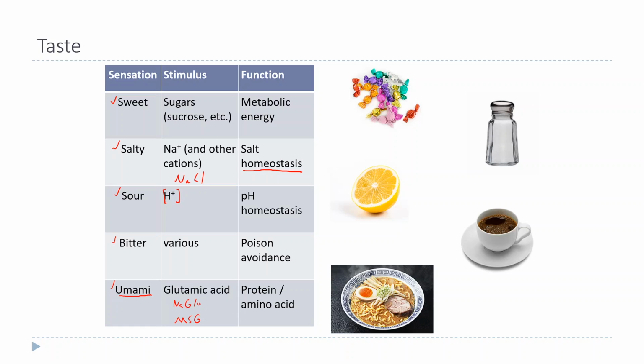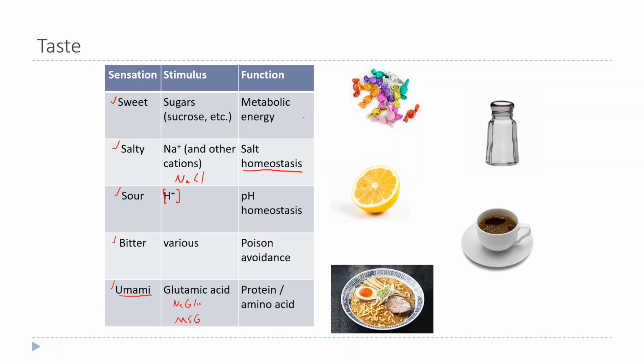Now, we're not going to get into how we perceive the emotional content of food or anything else really, but you can kind of, based on what these molecules do and how they're used in the body, predict how they're going to be perceived emotionally. So sugar or the sensation of sweet is usually a positive sensation.